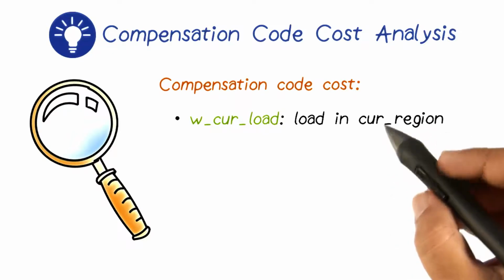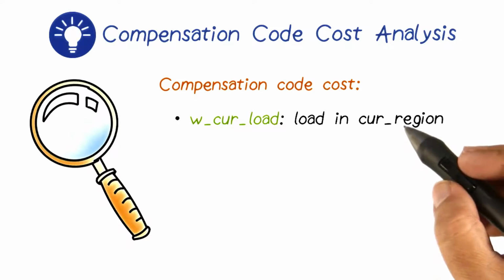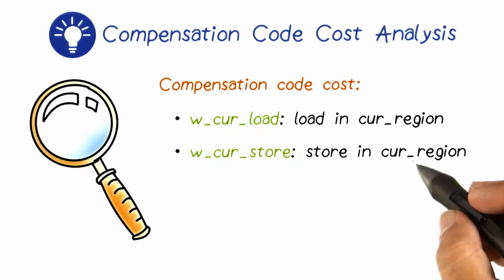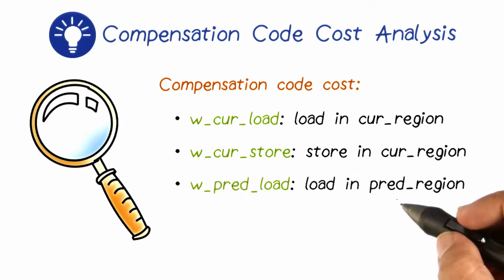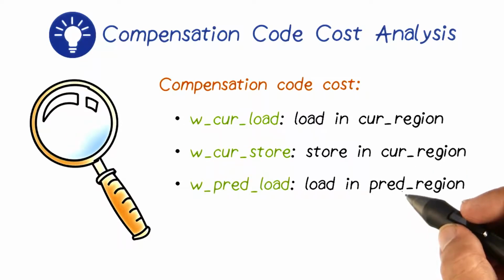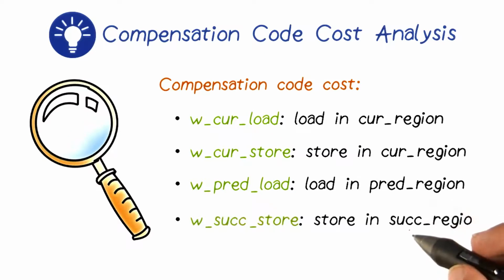So there could be a load which could be placed in the current region, or there could be a store which could be placed in the current region, or we might have to place a load in the predecessor region, or we might have to place a store in the successor. What is going on here is that this compensation code is trying to put a store to free a particular register and using a load to get the right value in the register, and that's why these costs are being calculated here.